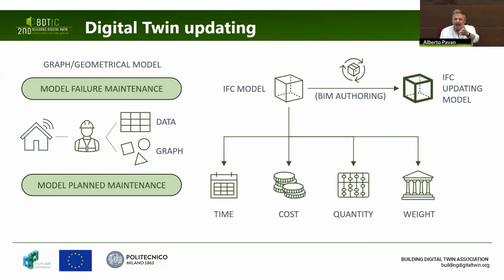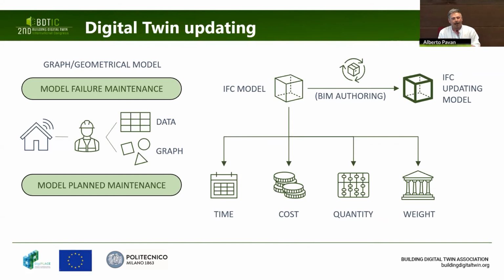We work with Akka to manage the geometry inside the IFC and change the geometry inside the IFC, with nothing going back to the BIM authoring software. And we have to decide not only on failure maintenance, where any time I do some works I need to change the model, but probably we have to think about planned maintenance of the model.